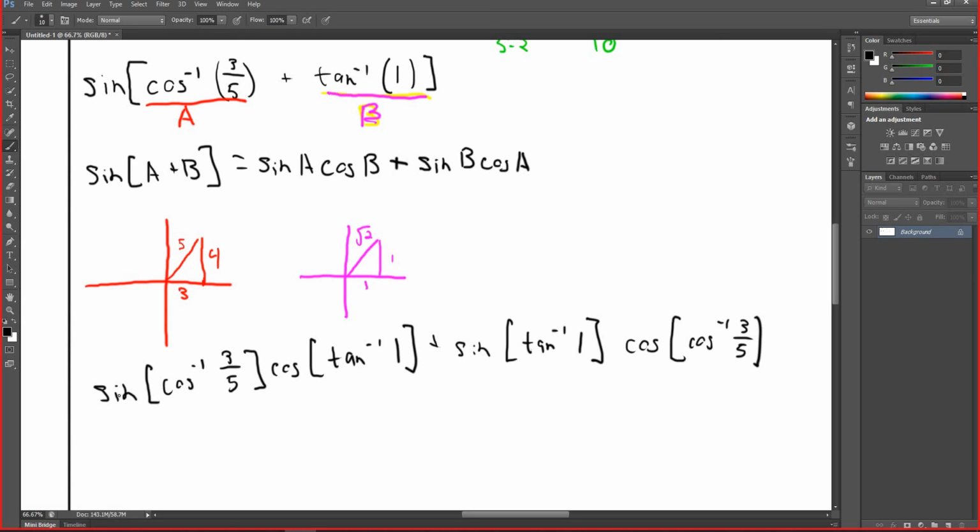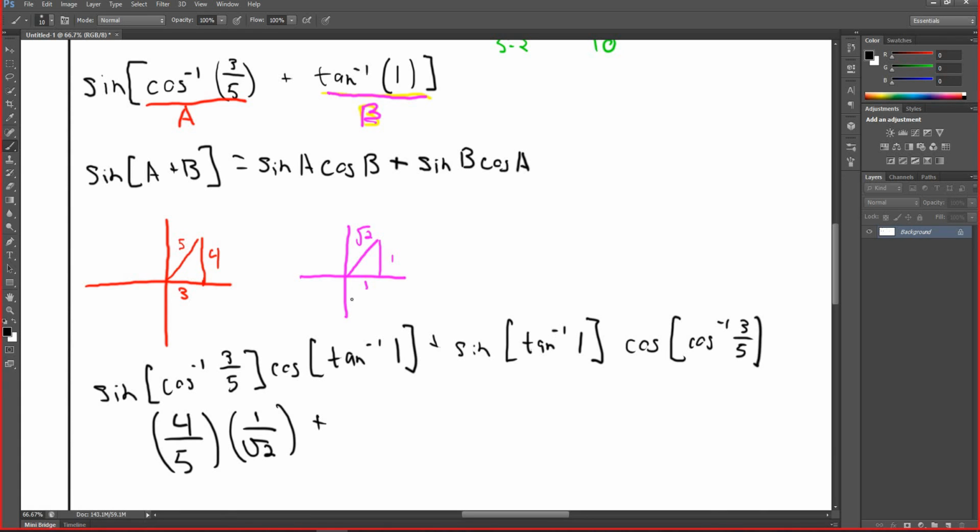What is sine in our red graph? 4/5. What is cosine in our pink graph? 1 over square root of 2. Yep.